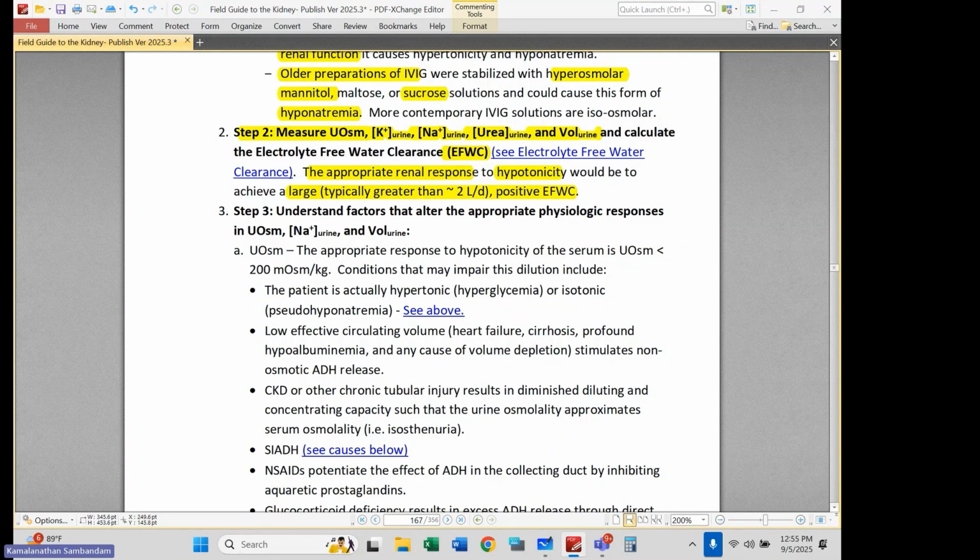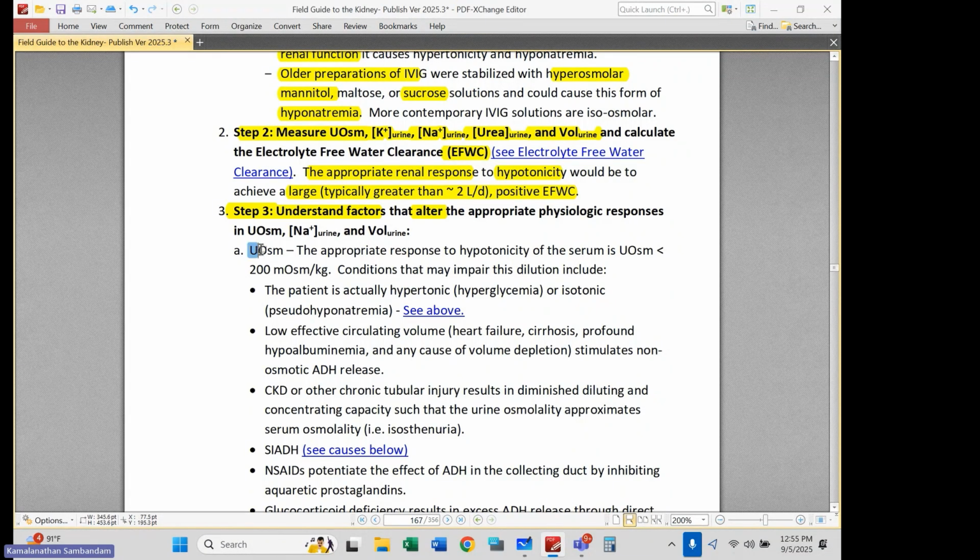Okay, positive free water clearance would suggest the sodium will tend to come up in the right scenario. Okay. Step 3, as you order these tests, interpret them wisely by understanding things that alter the normal physiologic response.